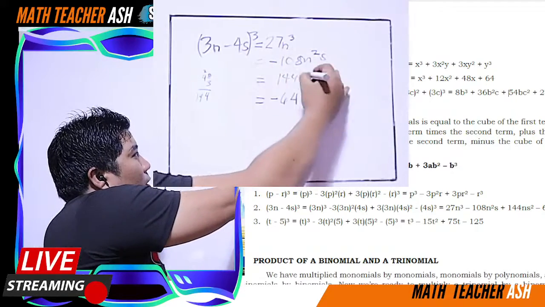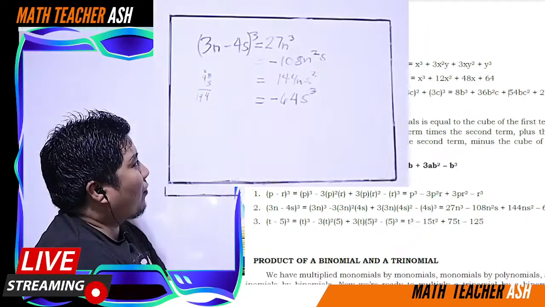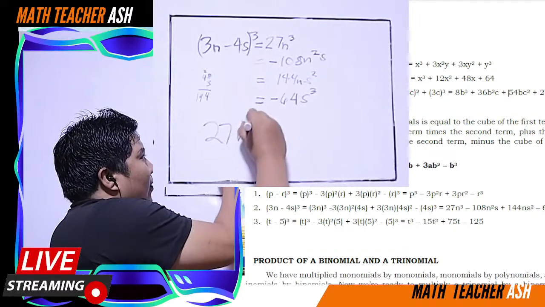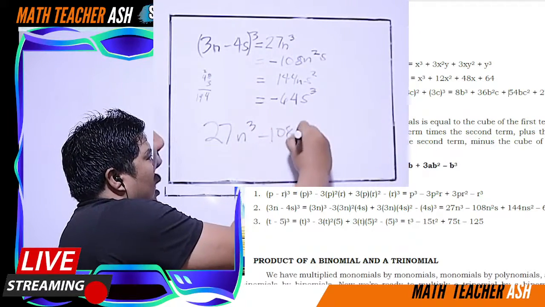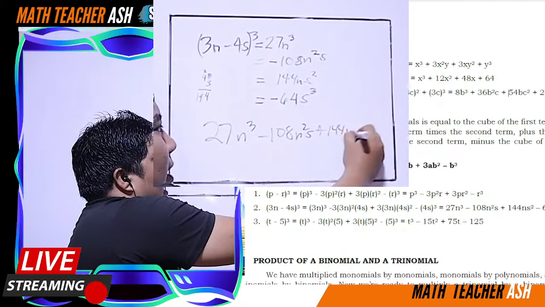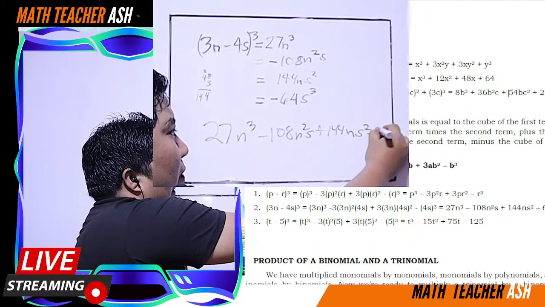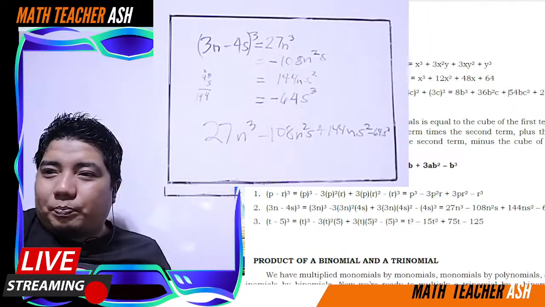Since ito yung dinoble natin, so dito tayo mag-squared, dito isa lang. Okay. So, yung final answer natin is 27n cubed minus 108n squared s plus 144ns squared minus 64s cubed.